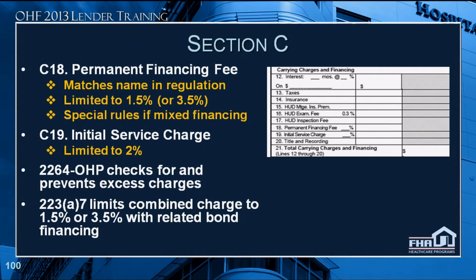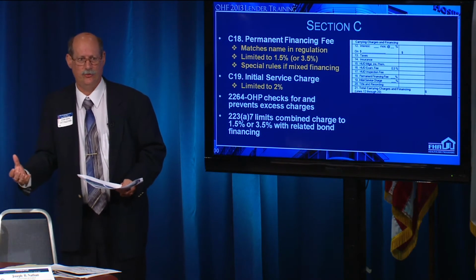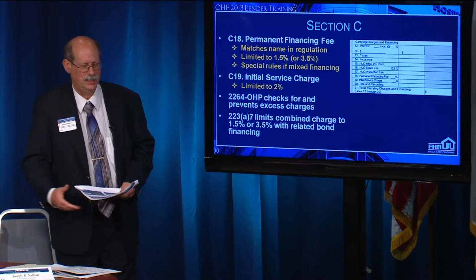Now, as we stated earlier, there are some caps. That's what the handbook and the reg do, is they put caps on the amount of the fee that you can charge. So it's limited to 1.5% for the permanent financing fee, or 3.5% if there's bonds. Remember, you check that box up above, you told us that up there. There's special rules if mixed financing. There's an example in the instructions that goes through a mixed financing example for you. So if that actually is the case, you can take a look at it.